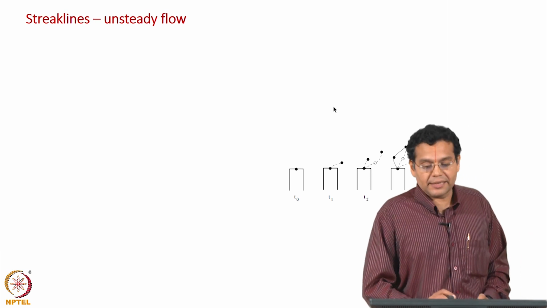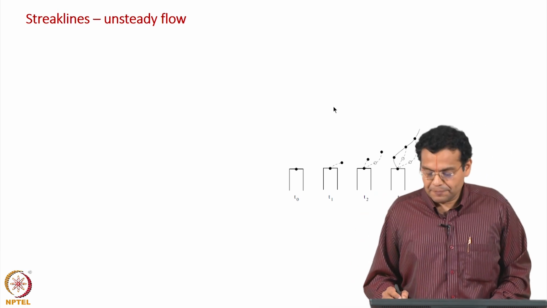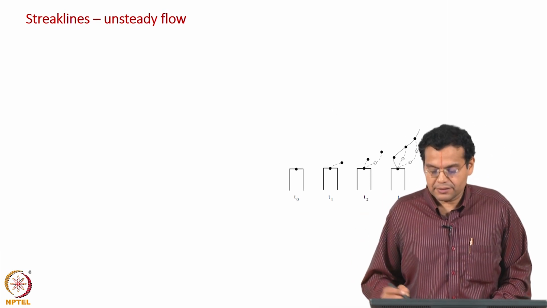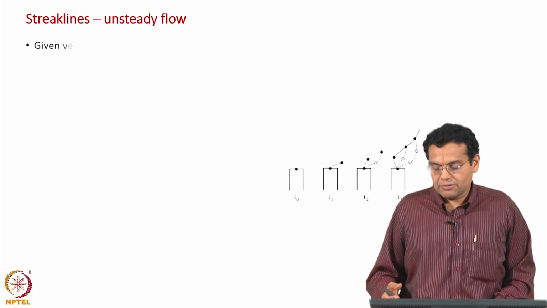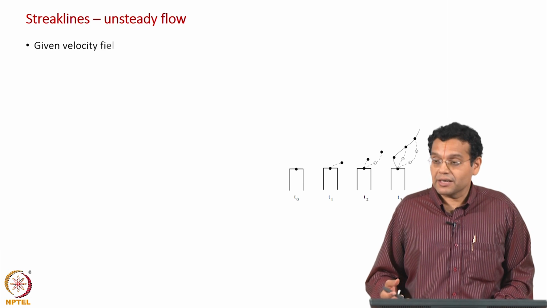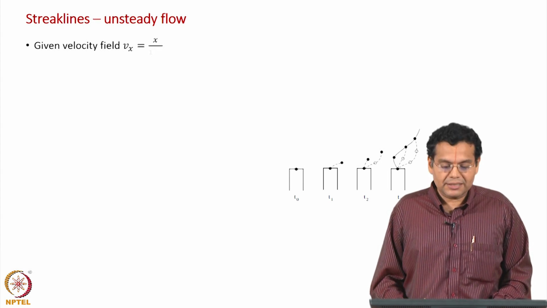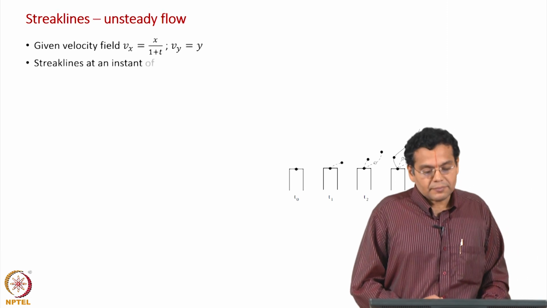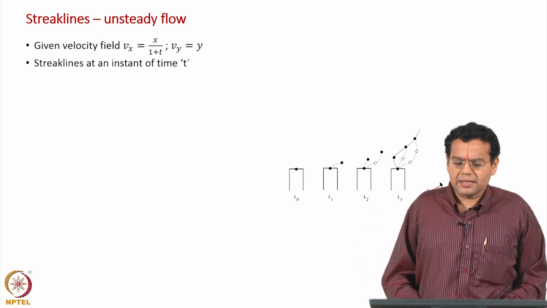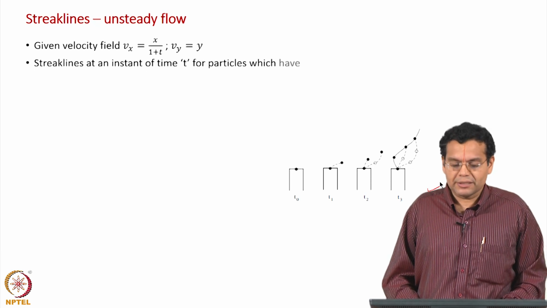Now, streak lines. Keep repeating this diagram, which is very illustrative. As we go along, we will also keep this figure in mind, so that we understand better. We are given the velocity field Vx as x by 1 plus t, Vy equal to y, that is the starting point.